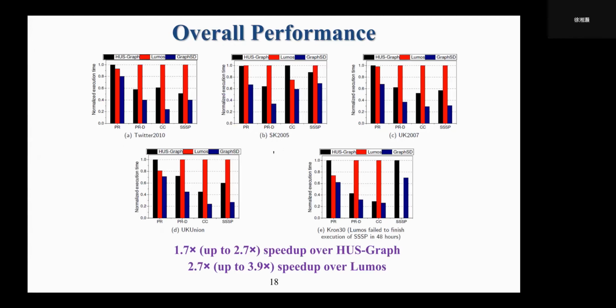Note that HUS-Graph and Lumos support selective data access and cross-iteration vertex updating respectively, while GraphSD simultaneously captures the state and dependency of graph data during the computation. Therefore, it can support both selective data access and cross-iteration vertex updating. Therefore, GraphSD can achieve 1.7 and 2.7 times performance improvement compared with the other two systems.